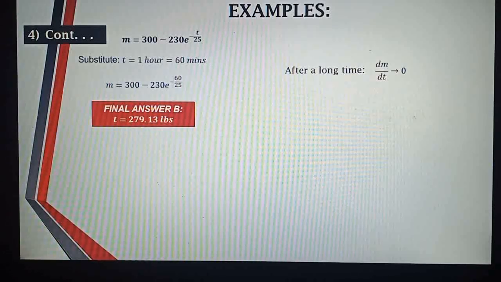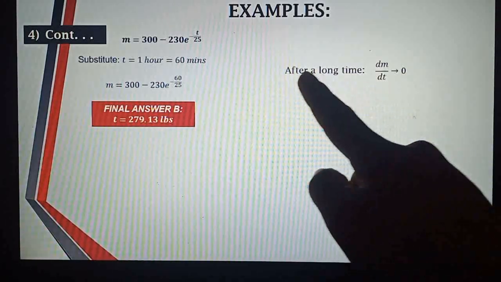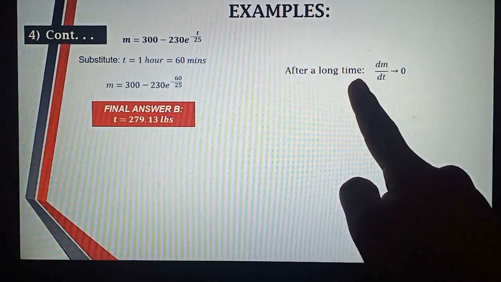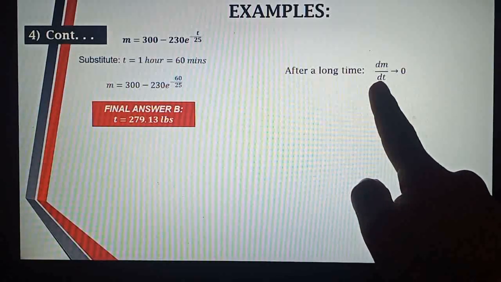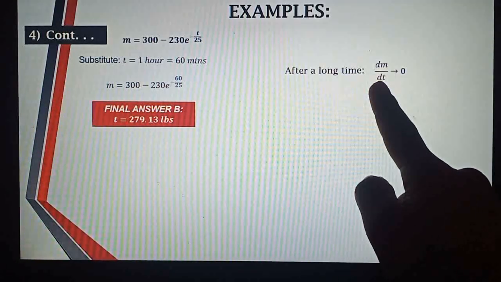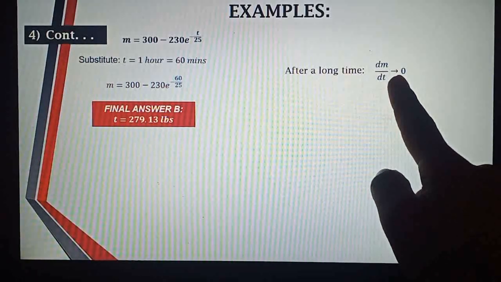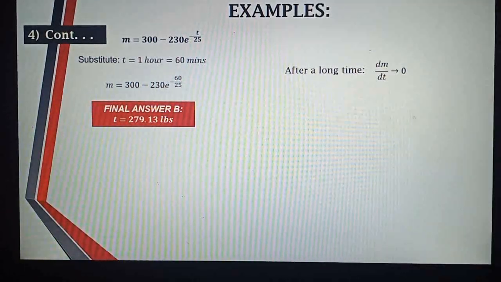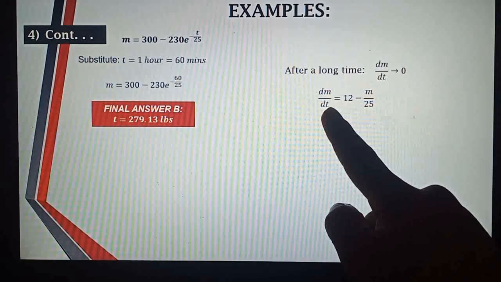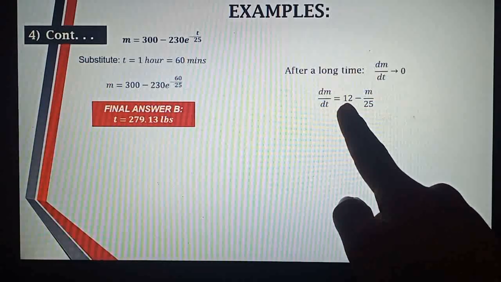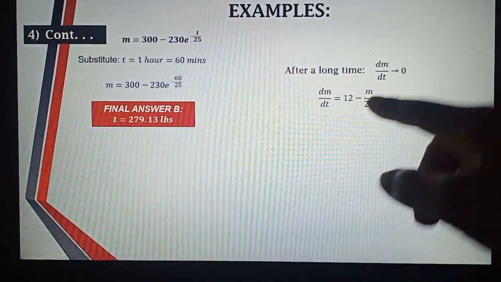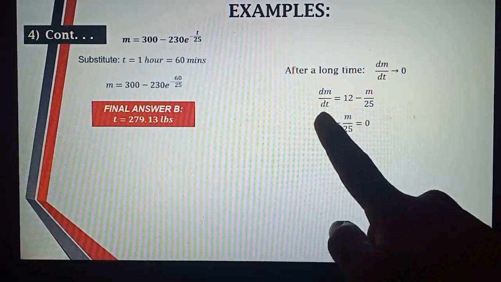Sorry for the mistake. So going back, after a very long time, you will have dm over dt. The change in mass with respect to time must be approaching 0, because we need the limiting value. So you will have dm over dt equated to 12 minus m over 25. So we just equate it to 0.